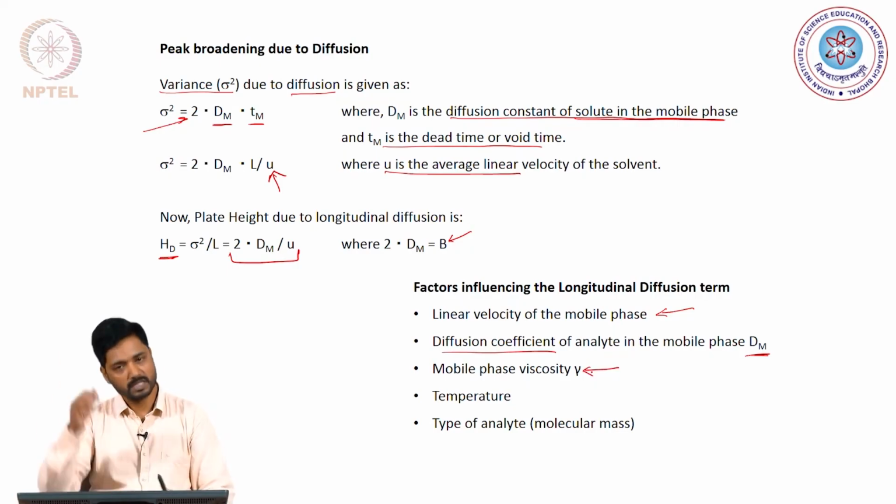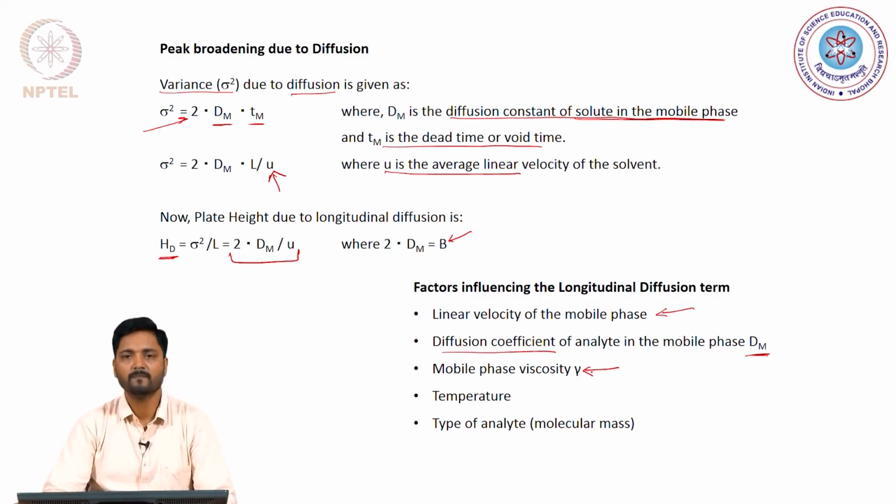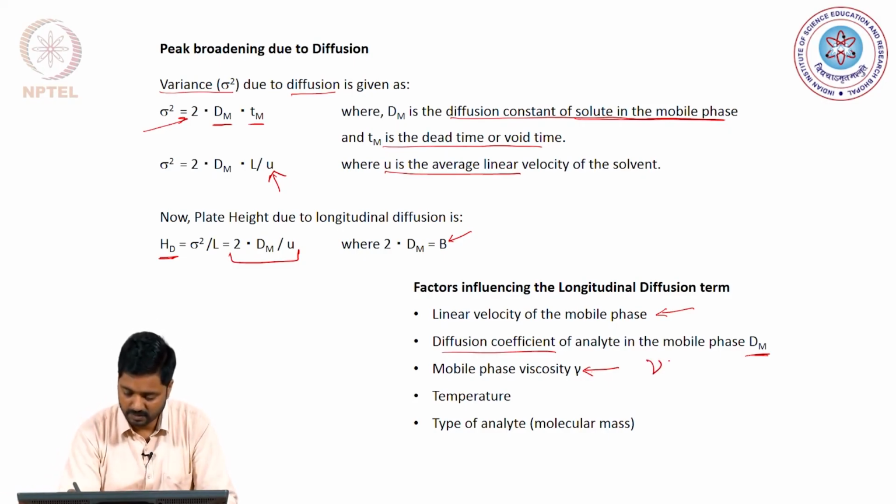Now, this viscosity term can be considered as a factor that reduces the diffusion into the solvent or the mobile phase, and the viscosity value in this case has a negative influence on the B by U term.